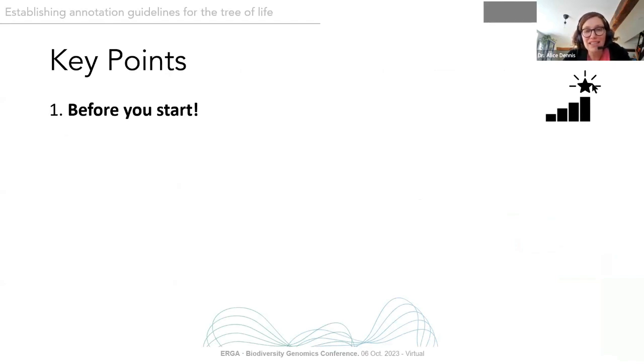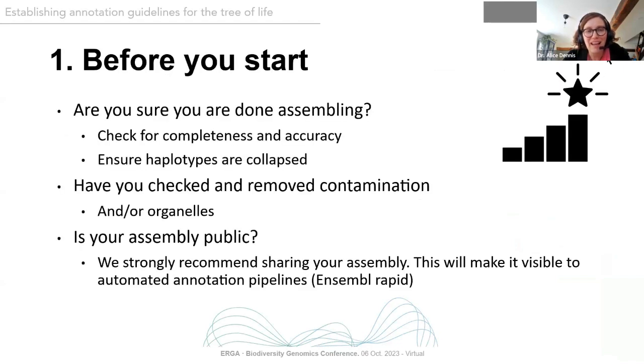So you can go to the next click, Louisa. And before you start, make sure you're finished assembling. There are tools out there, in addition to what Nadej talked about, to check for completeness and accuracy. Make sure your haplotypes are collapsed. Make sure you've removed contamination and organelles.